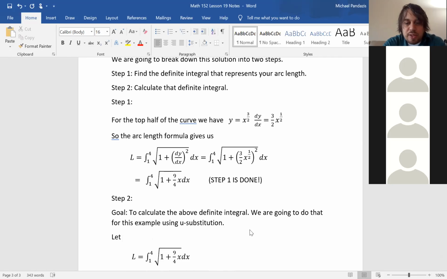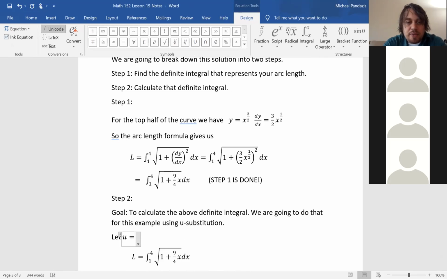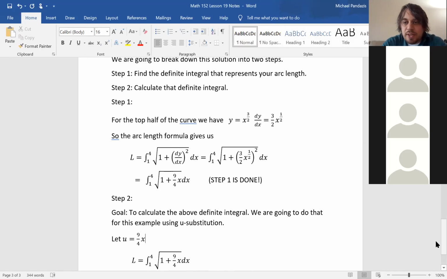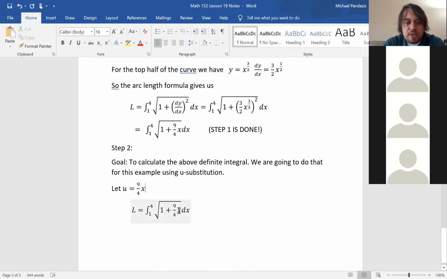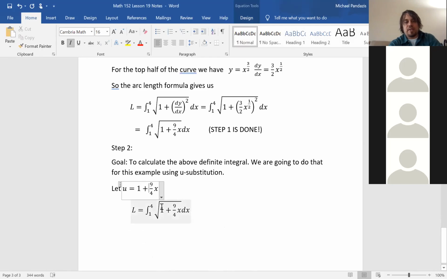So for U-substitution, let u equal 1 plus 9/4 x, because you want u to be everything inside the square root.